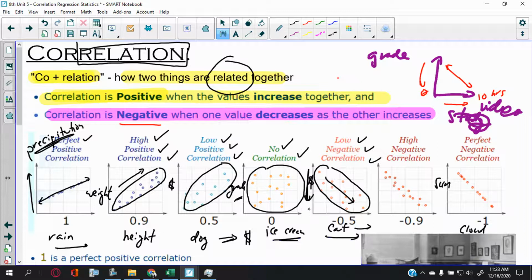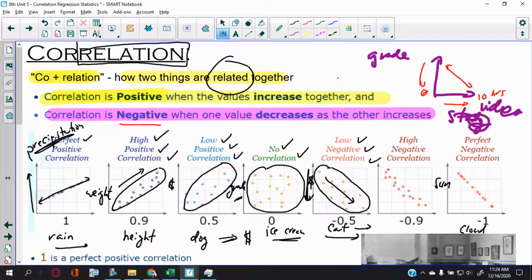Something crazy like that. Is it true? Maybe, not likely, because the points are so scattered. It might be true sometimes, and sometimes not, so sometimes you can predict it.